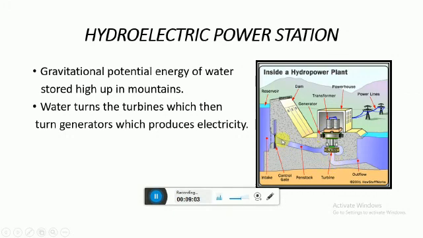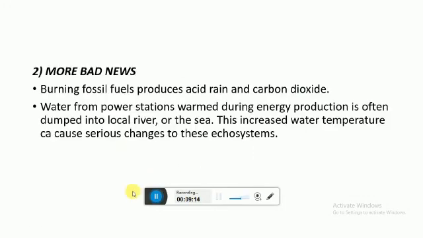During this time the temperature of the water increases, and that water then goes to the local river or the sea. This increases the water temperature and can cause a serious change in these ecosystems. That will damage the life of all the animals and plants living in the water in rivers or in the sea.